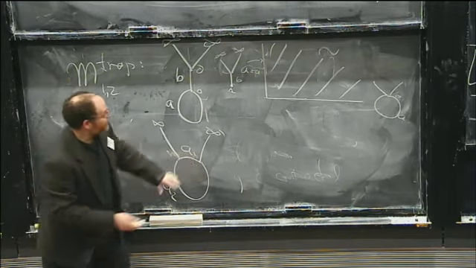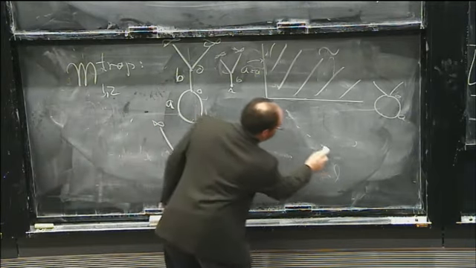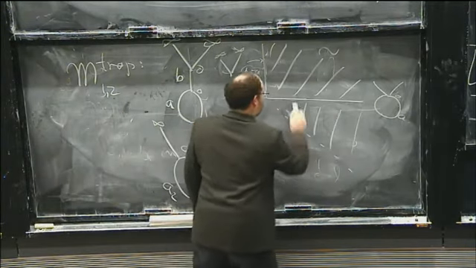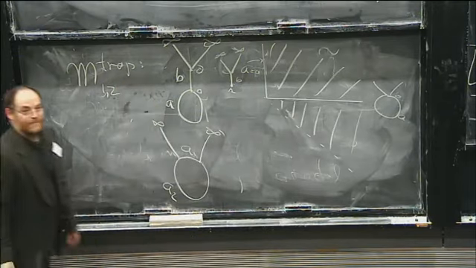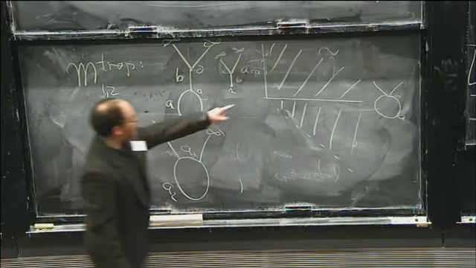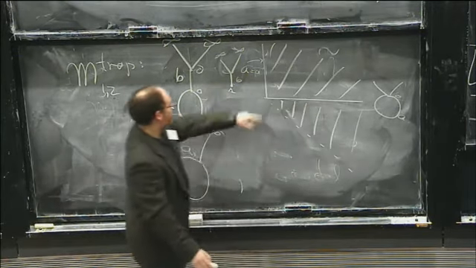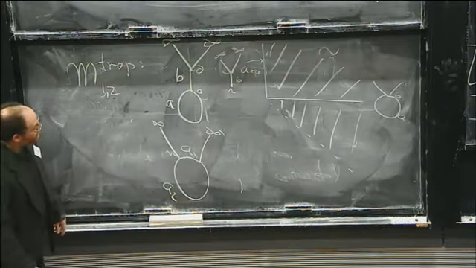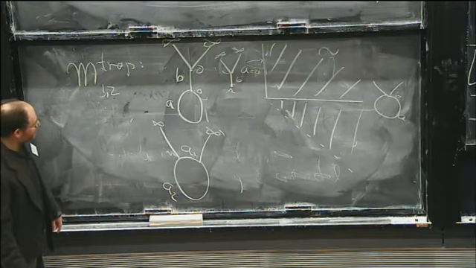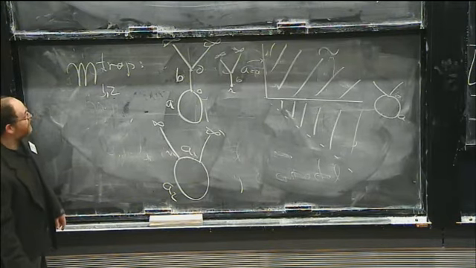So the picture here, I'll draw it below, is this. And they are attached exactly along this locus where B equals 0. Sorry, what am I saying?